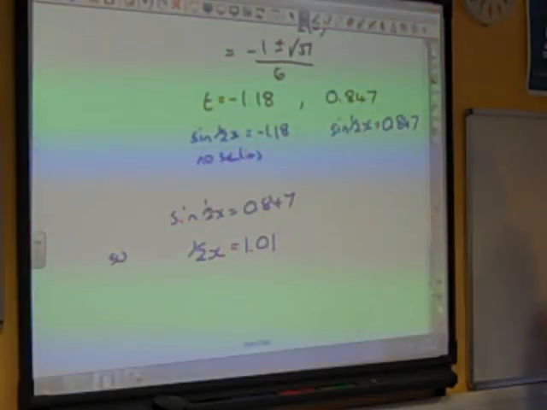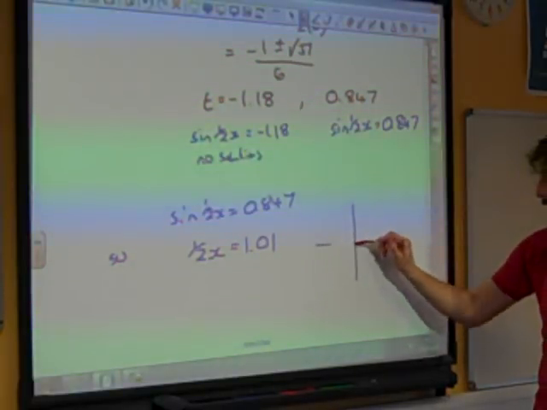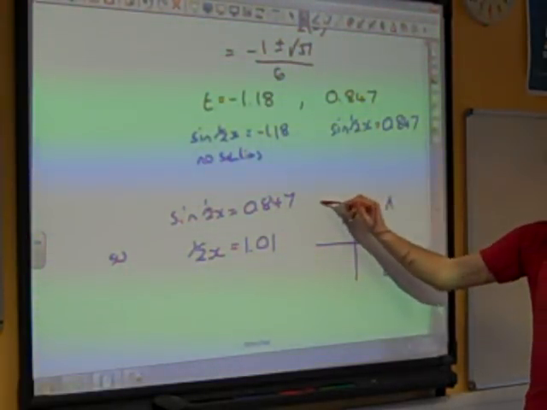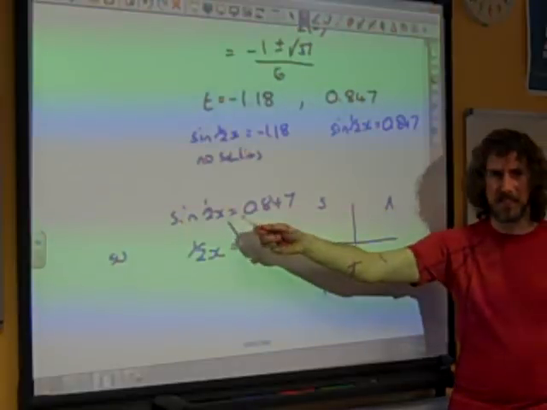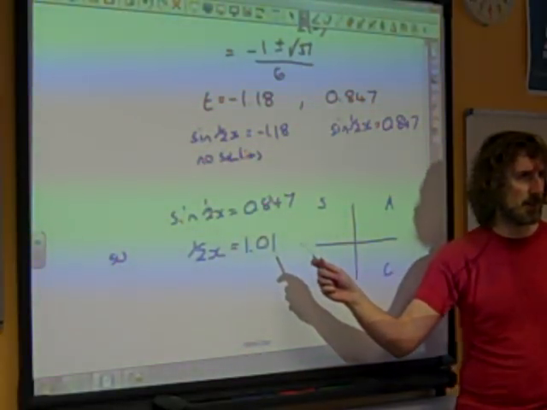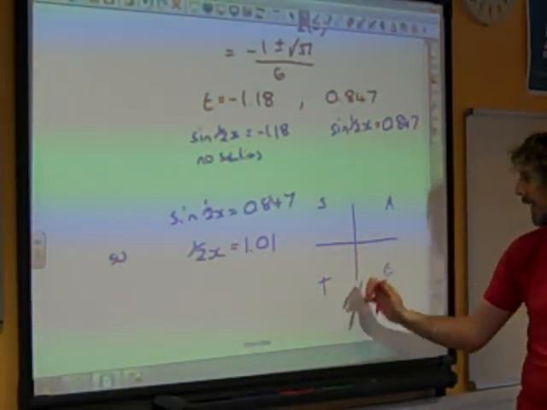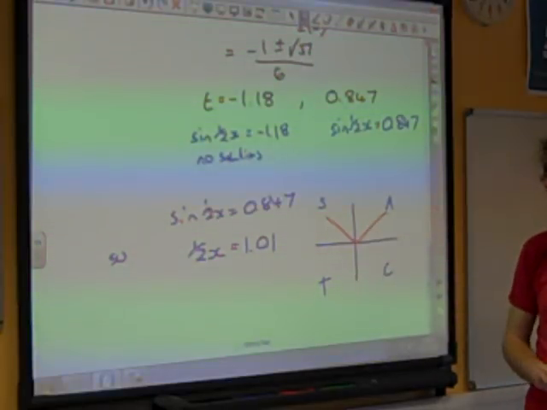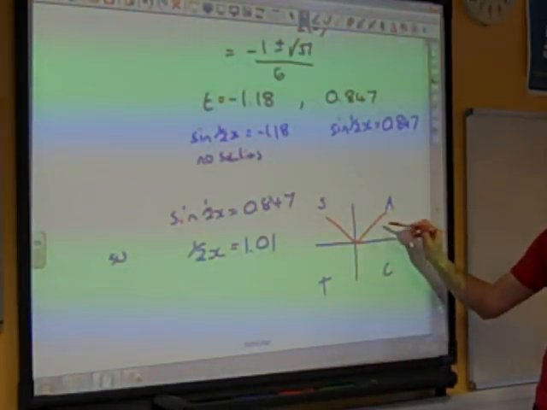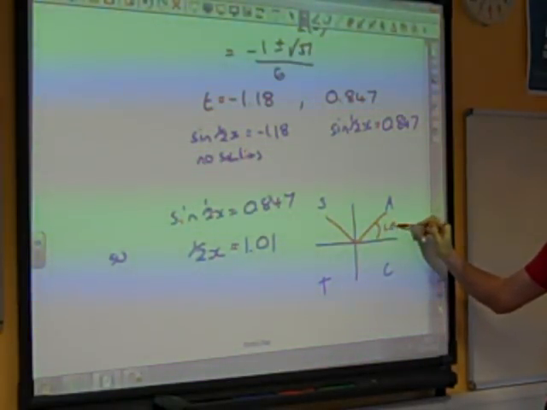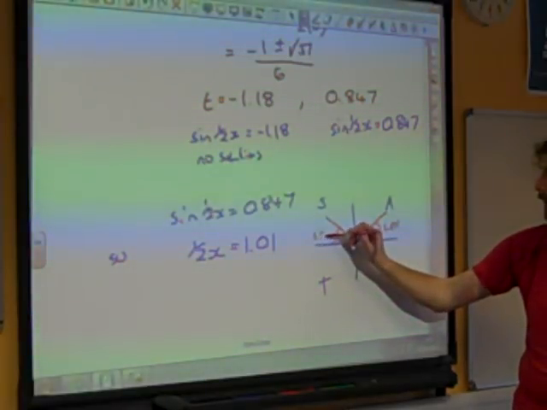Now it turns out to be not that big a deal to work out. If you like the CAST diagram, at this point you think, we've just done a sine of a positive thing, and sine of positive things are in the A and S quadrants. So this angle here is 1.01 according to my calculator.